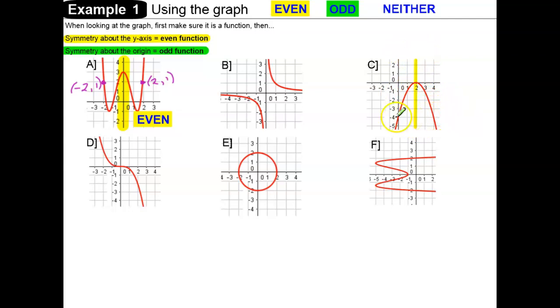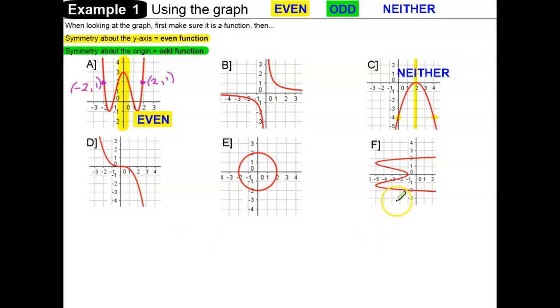So any points that I reflect over that line, like here at 4, negative 4, that would reflect over at 0, negative 4. So it does have reflectional symmetry, but it doesn't have y-axis symmetry. And so this would be neither even nor odd.